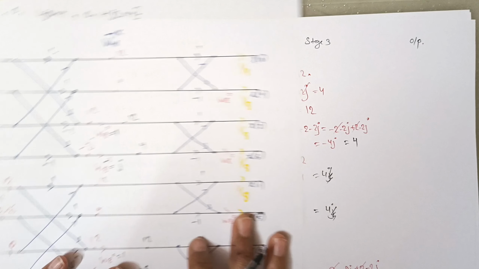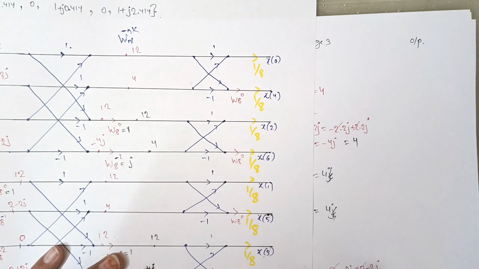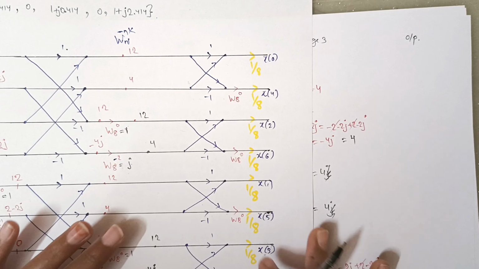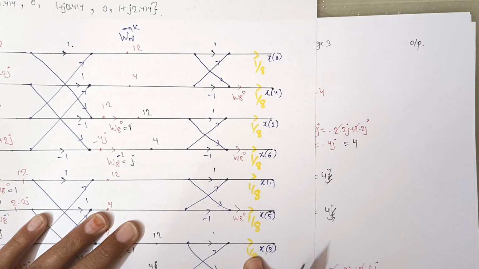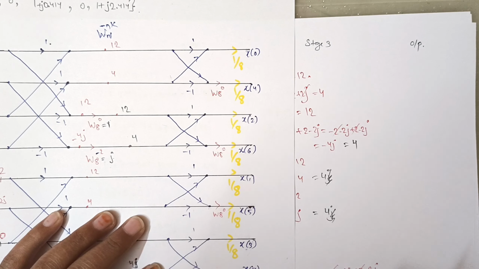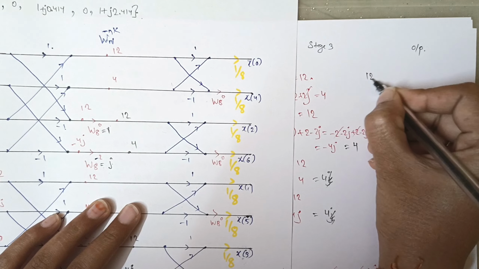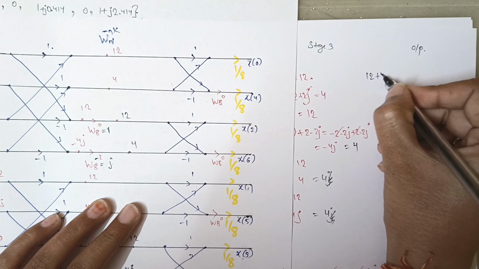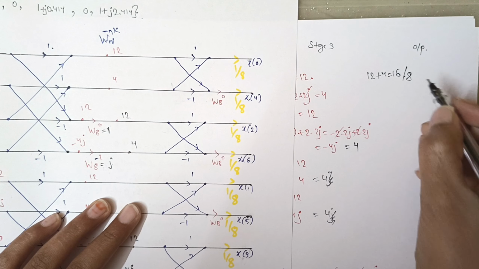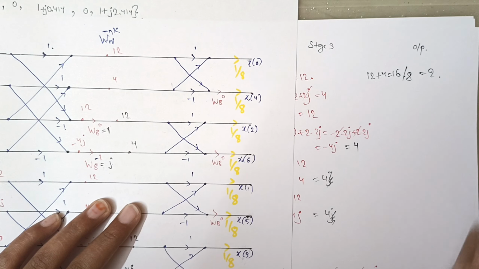Now let's compute the solution for the final stage that we have over here, that is in time domain. Before that we have to multiply it all by 1 by 8. So now let's start the process. From here 12 is coming, 12 plus, from here we got 4, it is 16, and if it is multiplied by 1 by 8, then we will get 2.